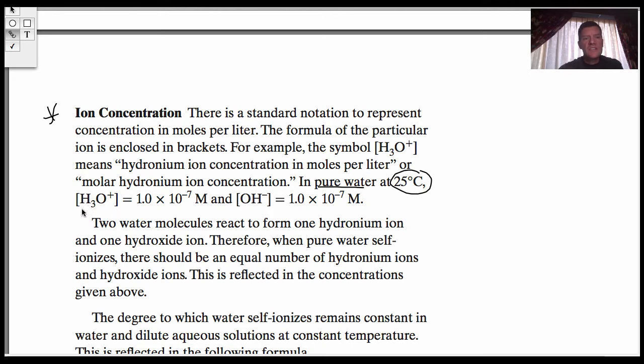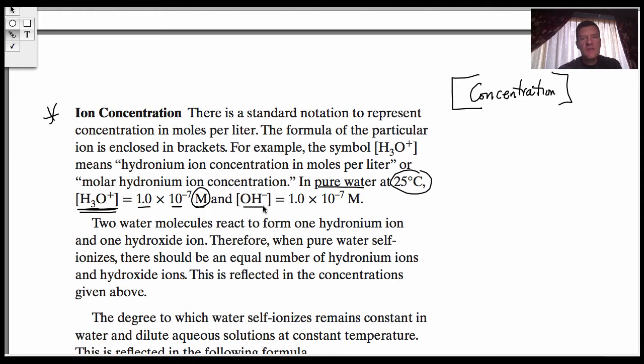Well, when you put brackets around a formula, that means concentration. So the concentration of hydronium ions is 1 times 10 to the negative 7 molar.